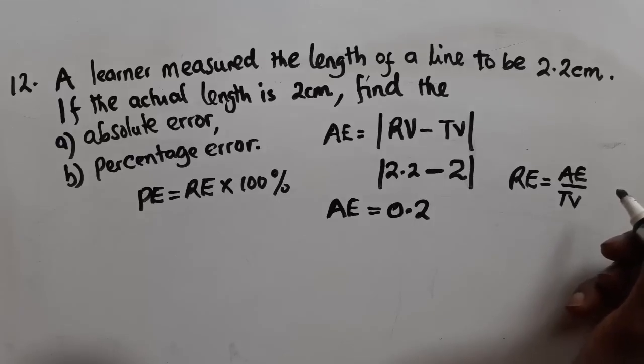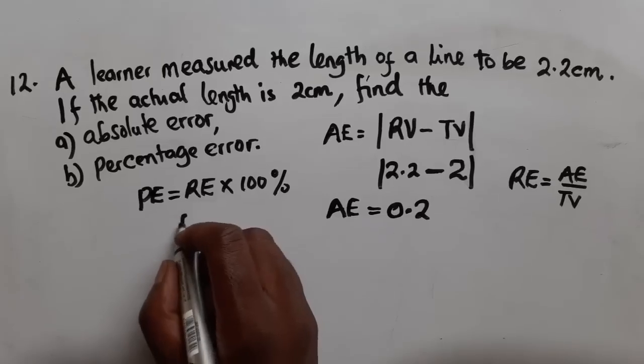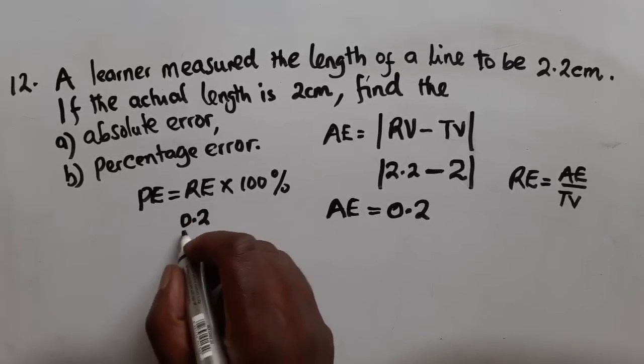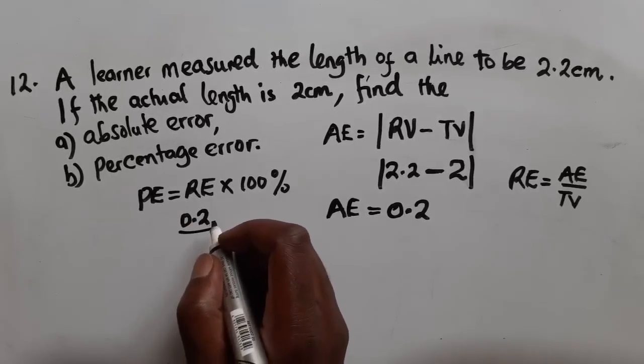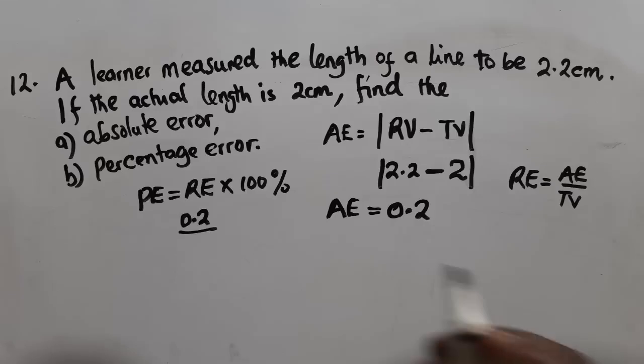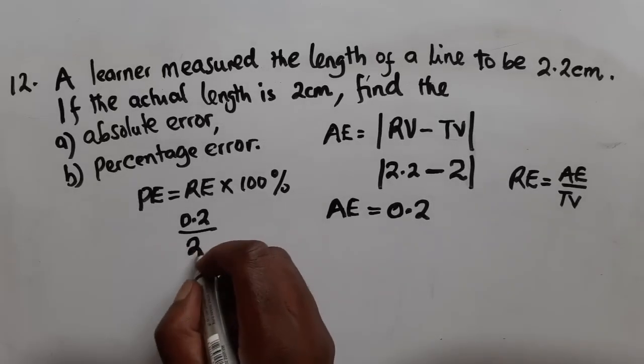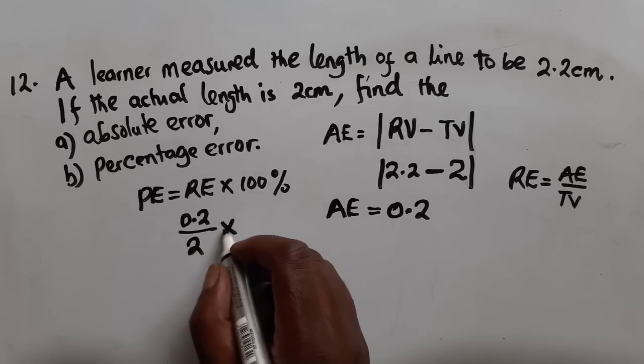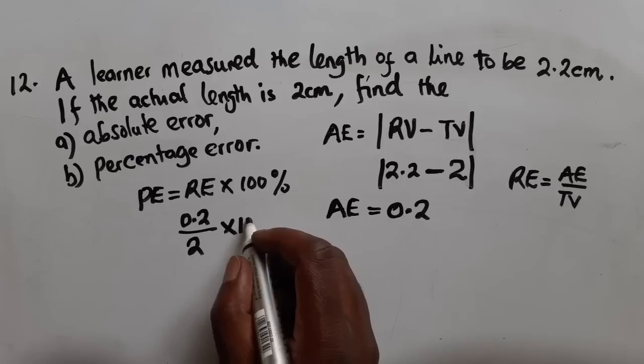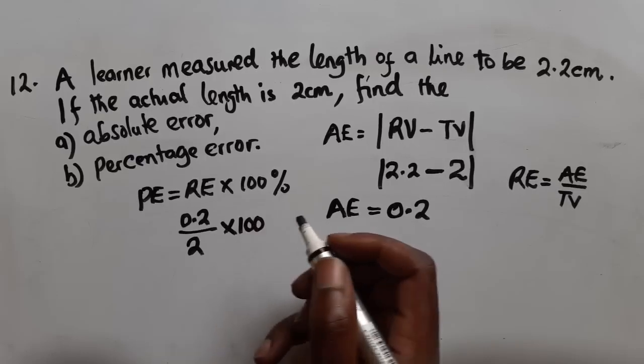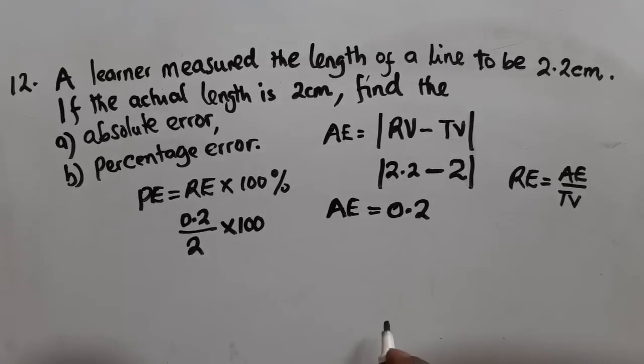So the absolute error is 0.2 over the true value, which is 2. We have to multiply this one by 100. You need to multiply this by 100.